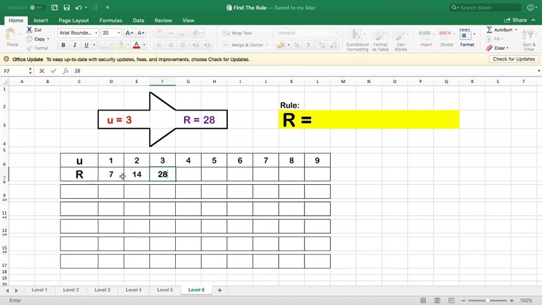So generally, the first one's 7, the second one's 7 times 2, the third one's times another 2, so 7 times 2 times another 2, and generally speaking they're always 7 times 2 to the power of, well, it's always 1 less than the original u number. So the rule is 7 times 2 to the power of u minus 1.